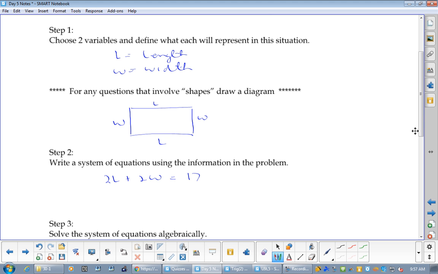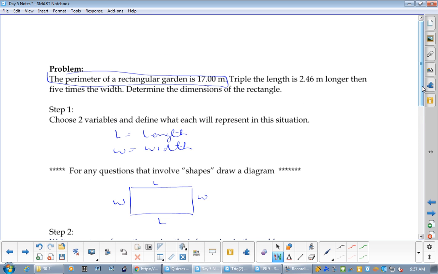Triple the length is 2.46 meters longer than 5 times the width. Triple the length is 3L. Is stands for equals.